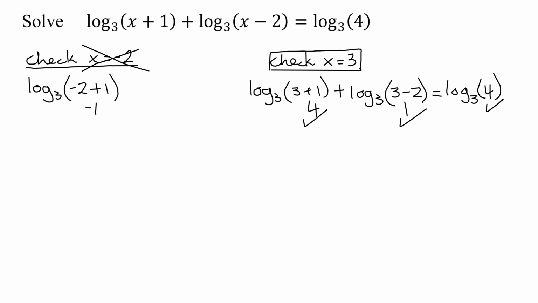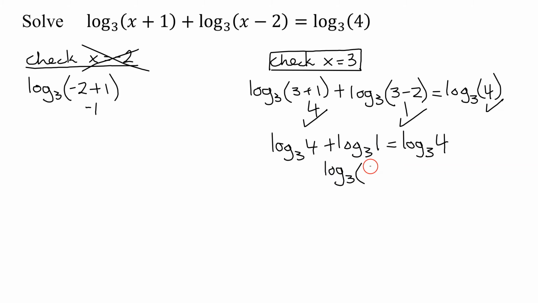I haven't proved it's a correct solution. To do that, I have to finish the check. I'd have to do log to the base 3 of 4 plus log to the base 3 of 3 minus 2, which is 1, equals log to the base 3 of 4. Now, since these two logs are added together, you multiply the arguments, so you get log to the base 3 of 4 times 1, which is 4.